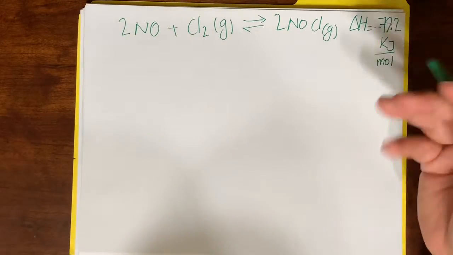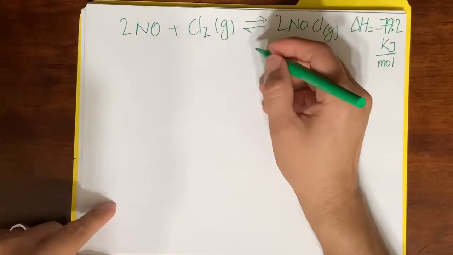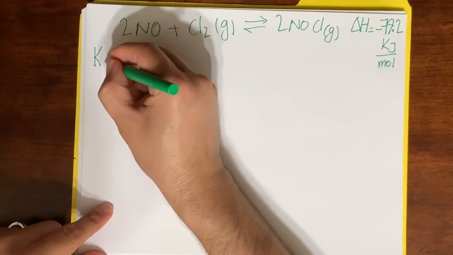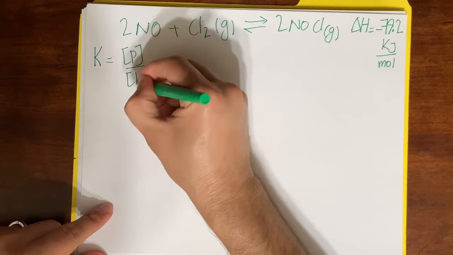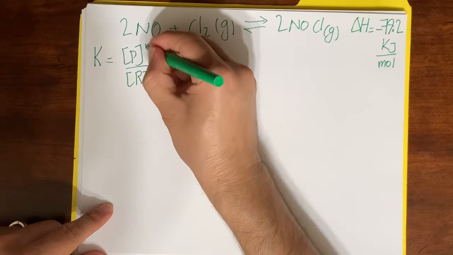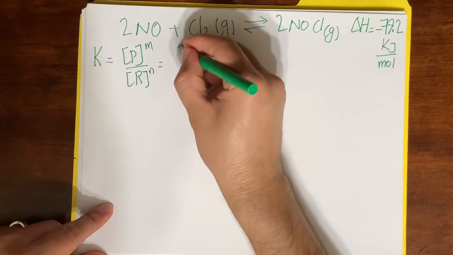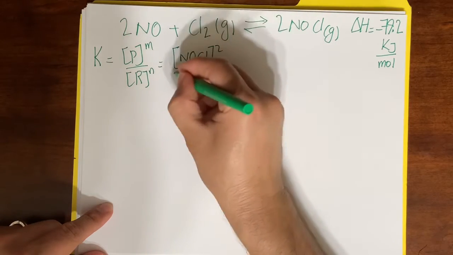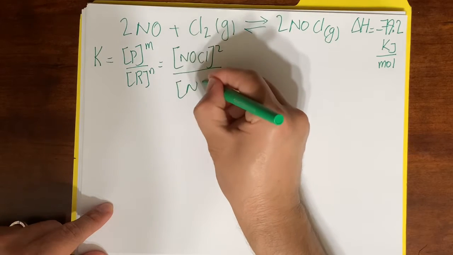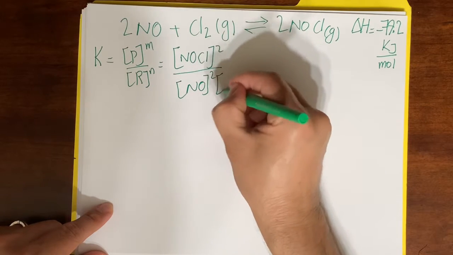So this is an exothermic reaction. Let's define K. K is going to be equal to product over reactant. You have NOCl to the second divided by NO squared multiplied by Cl2.